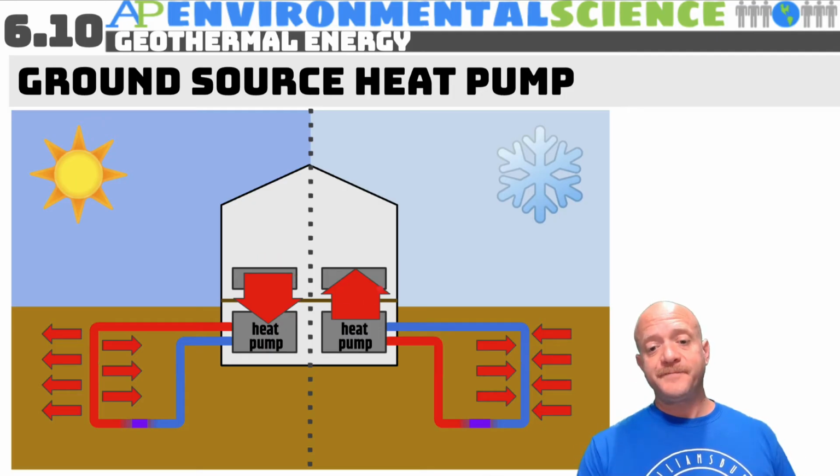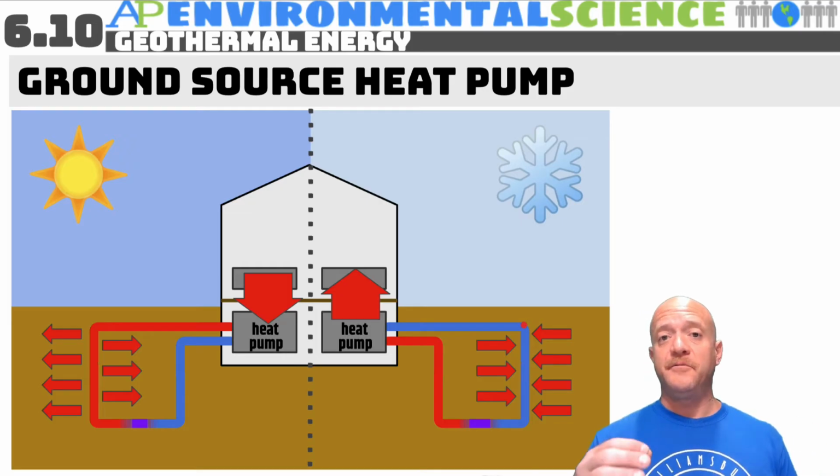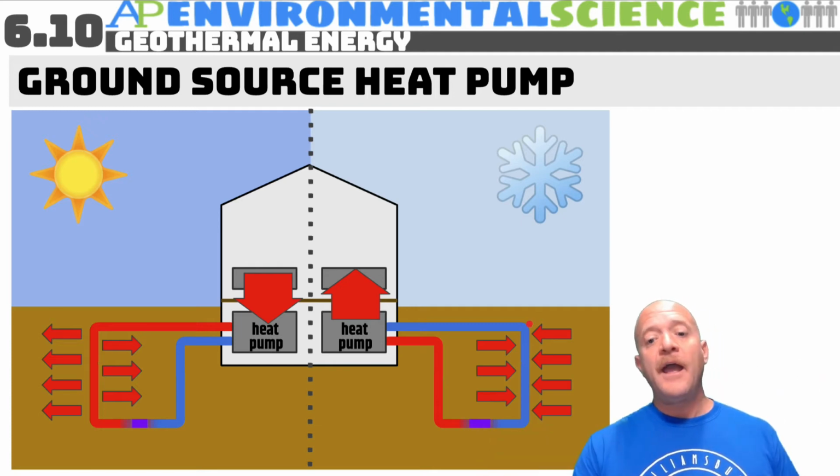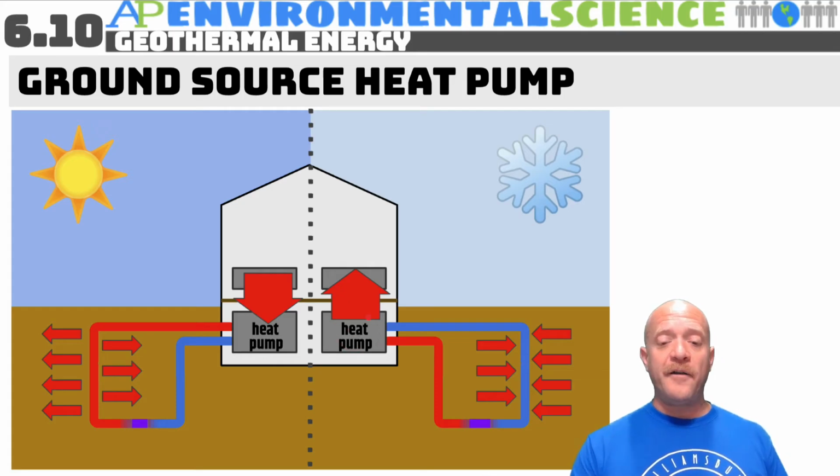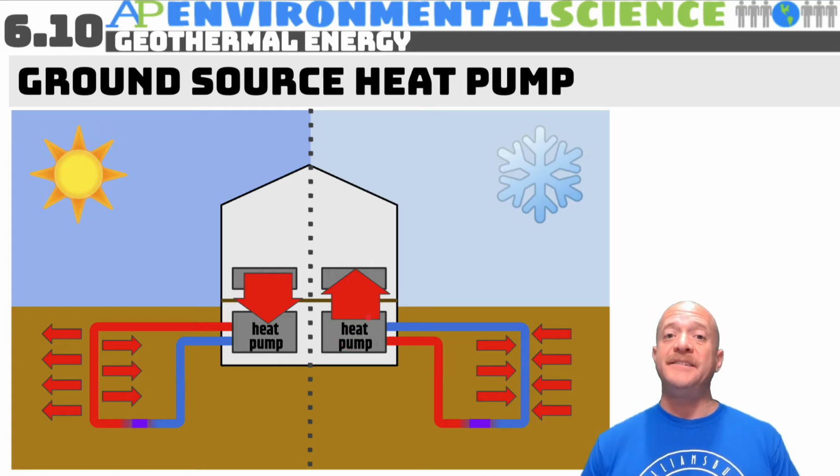Now in the winter, it's a different story. You have cold water, and you pump the water underground, and the ground is warmer than the air temperature, so it adds heat from the ground to the water, and you pump that warm water back into your house, and then the warm water releases some of that heat energy into the air.